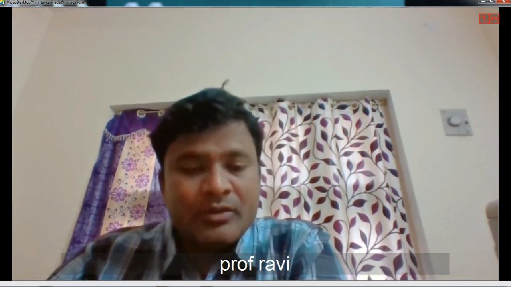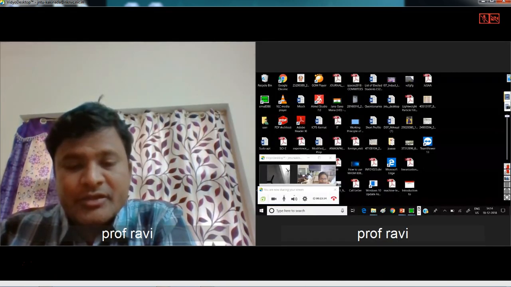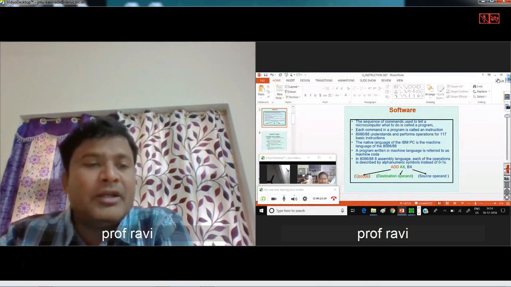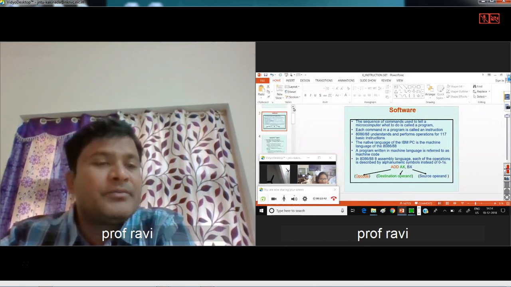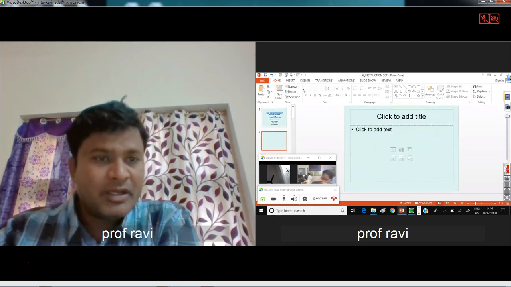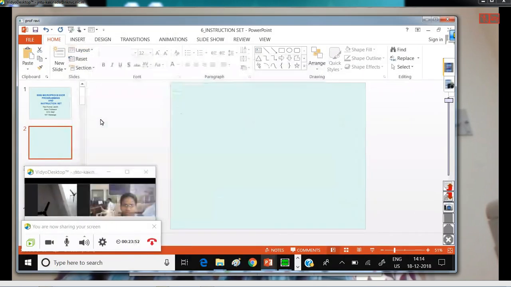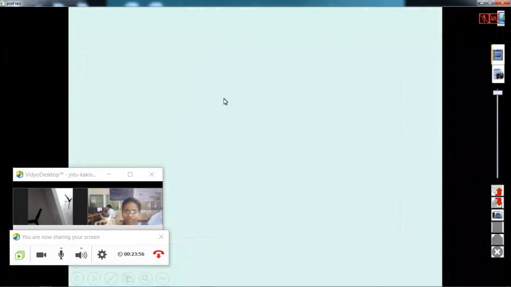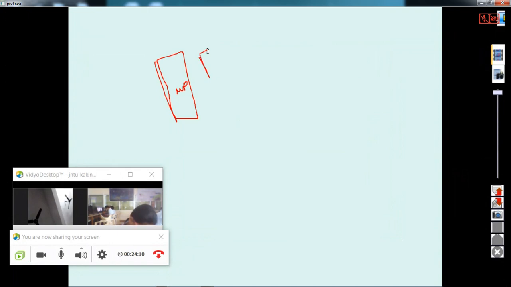Now, when we look into a system, let us try to see the 8086 instructions. Let me take a blank slide. This is our microprocessor, and here we are connecting memory.